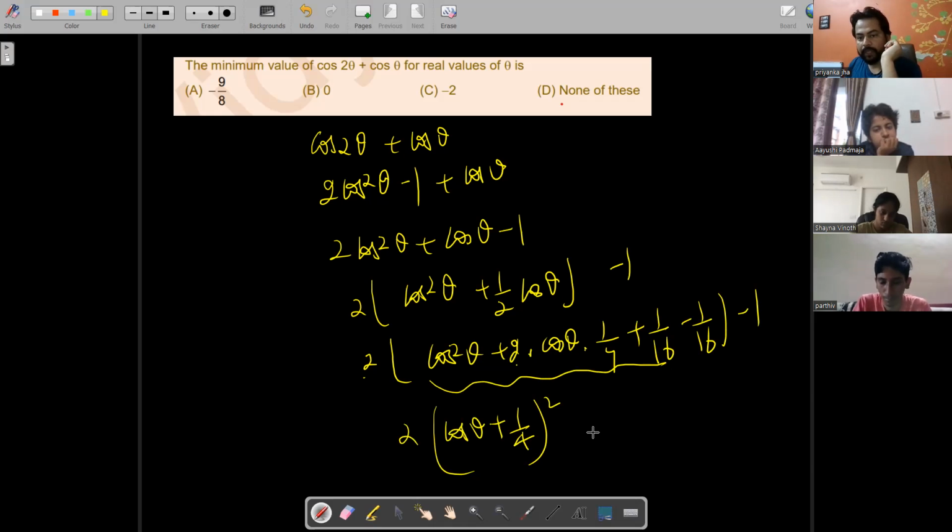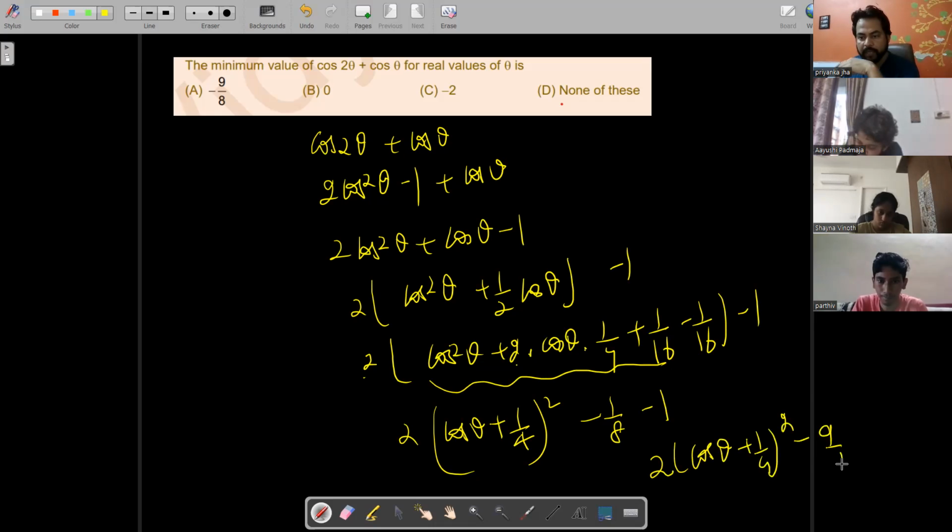And this 2 will multiply with this and it will become minus, so 2 times cos theta plus 1 by 4 whole square minus 9 by 8. Now you can see the square of anything is always positive. The least value will be 0. So when this becomes 0, 2 into 0, gone.